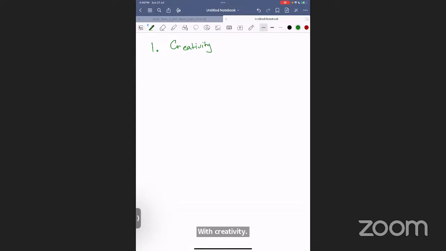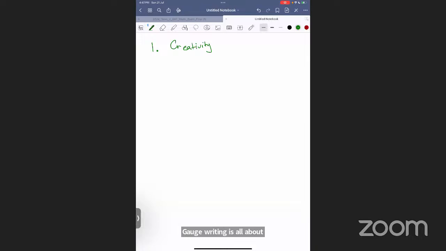In GATE, especially for writing, the number one thing I want you guys to understand is that GATE writing is not like any other English writing test that you've done in your life. It's very, very different. GATE writing is all about creativity.